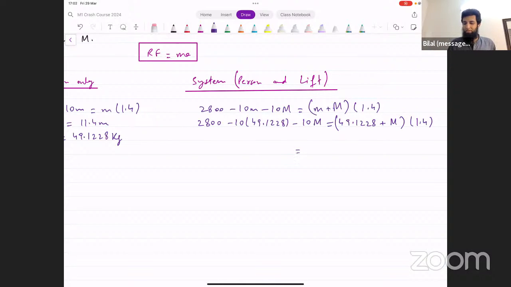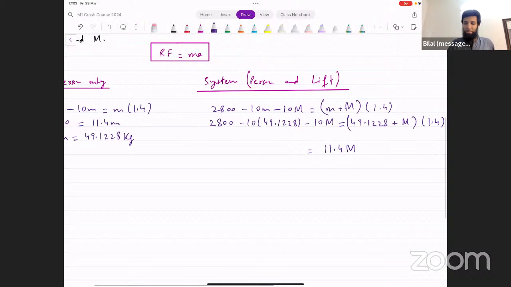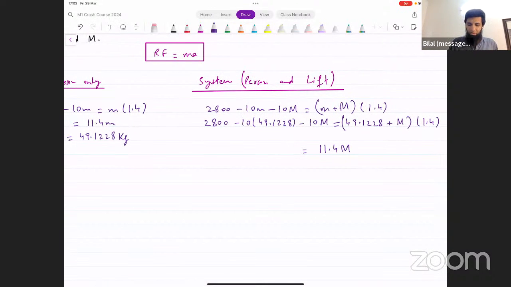Make sense? This will eventually become something like this. 10M goes to the other side. We have 1.4M there. That's 11.4 times capital M. On the other side, you have 2800 minus 491.228 minus 49.1228 multiplied by 1.4.